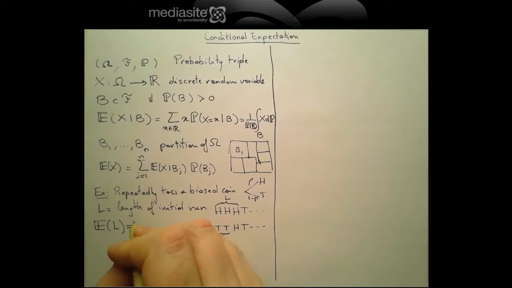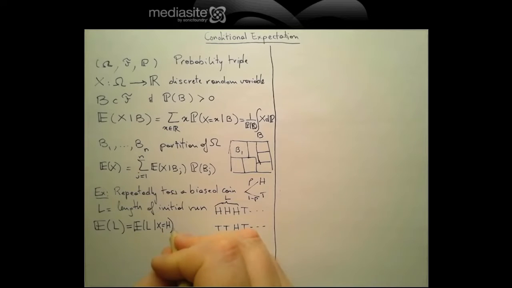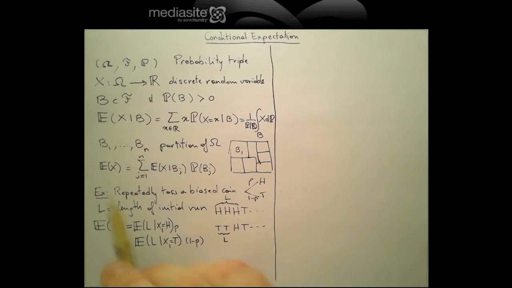So I'm going to condition on X1 being H, and the probability of that event is p, plus the condition on X1 being T, and the probability of that event is 1 minus p. Okay, so I'm using this formula here. I'm partitioning omega with heads or tails, basically.